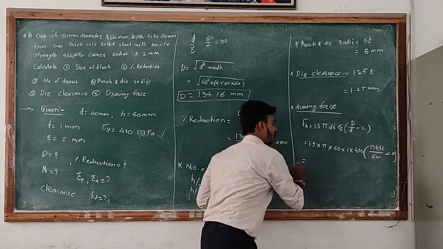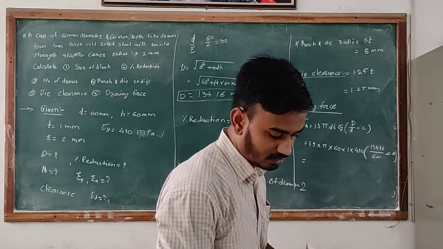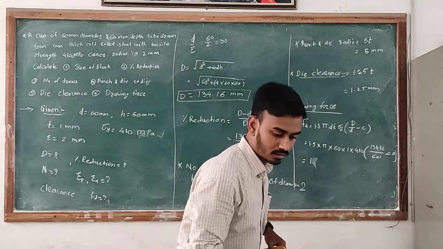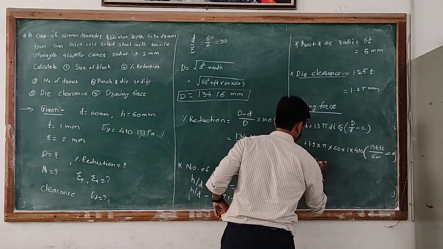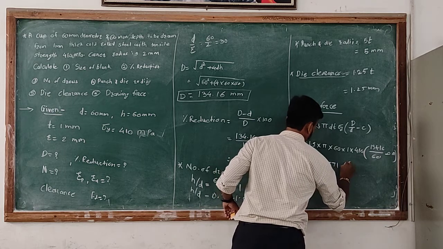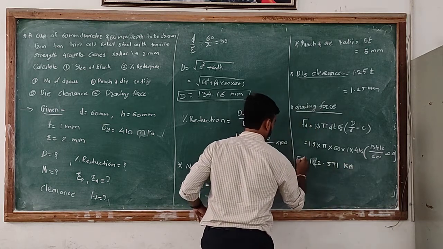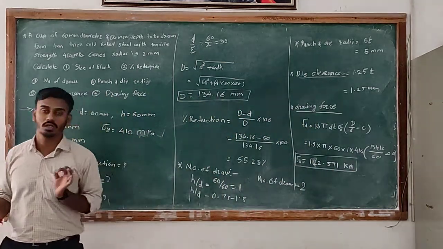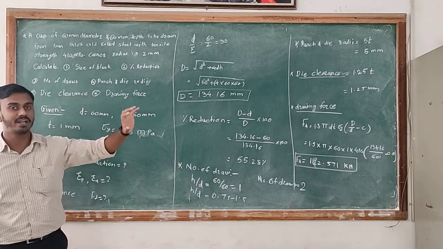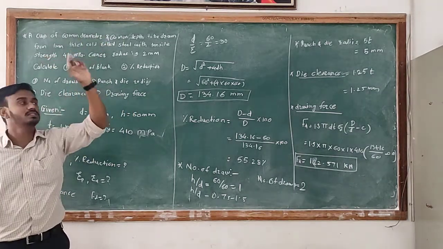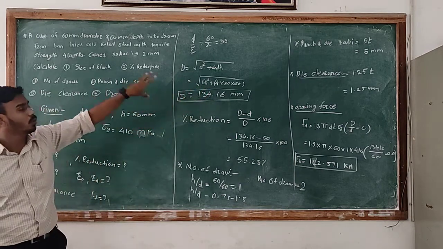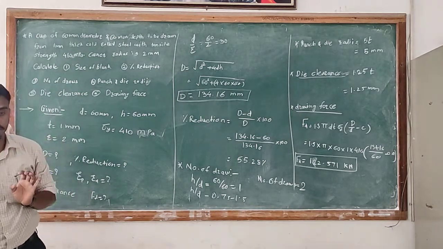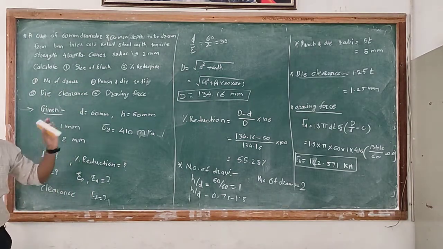If we solve this, we will get the drawing force as 122.571 kilonewton. This amount of force will be required to convert this blank into a cup of diameter 60 and height 60 mm. So this is the overall numerical based on this.